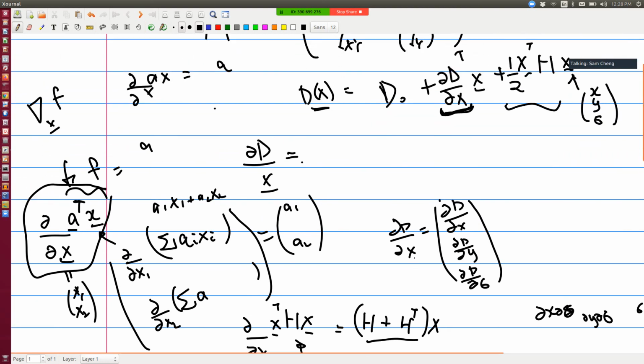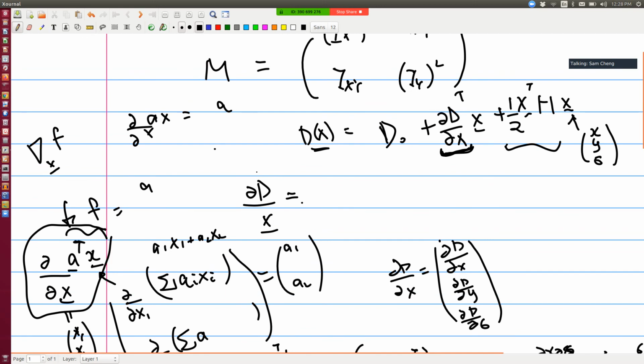So therefore, if I take the partial derivative of this with respect to x, this is a constant, so I have nothing. This one just gets back partial d partial x, right? And this I will get 1/2 (H plus H transpose)x. But H is a symmetric matrix.